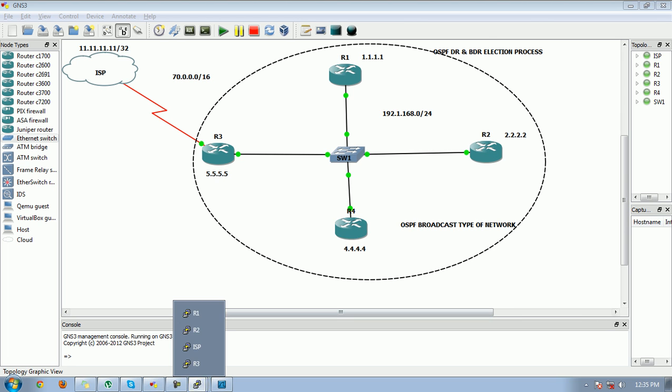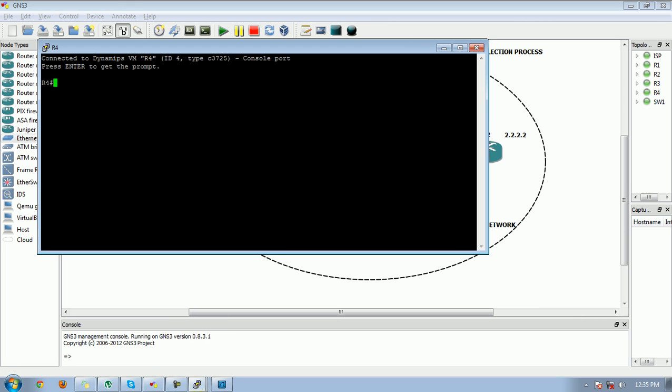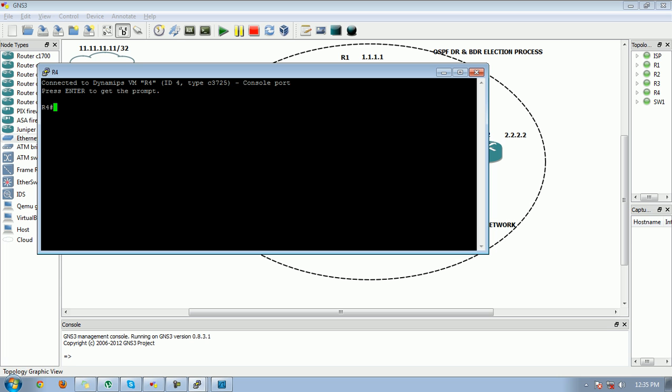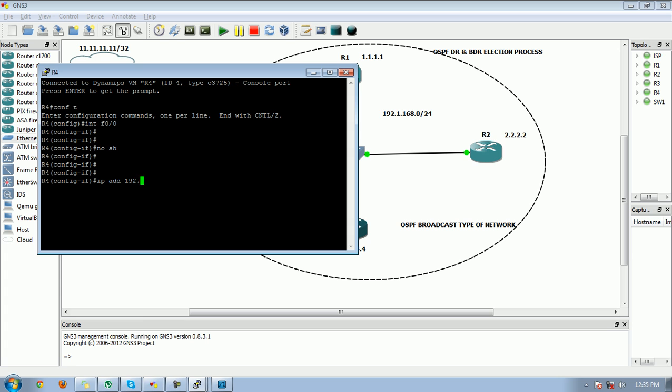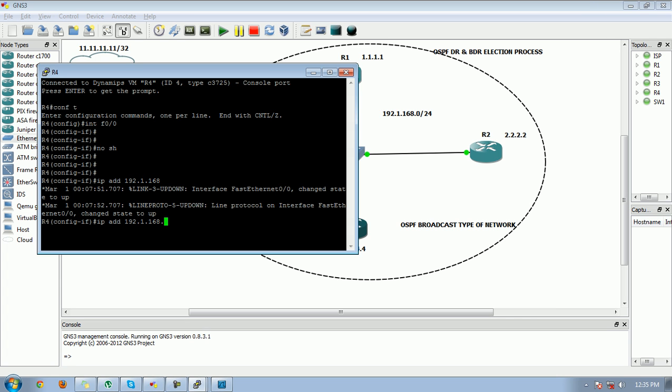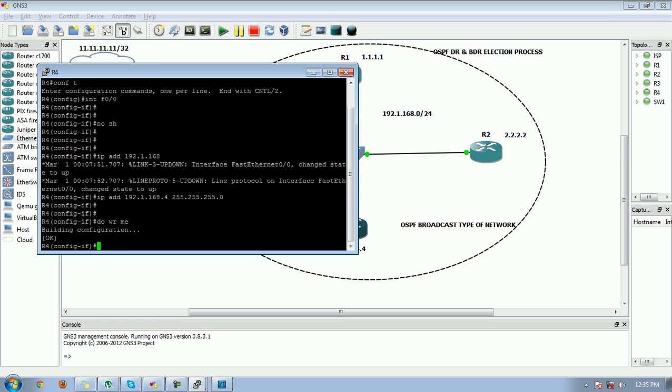Now on R4. FastEthernet 0/0, no shutdown, IP address 192.168.1.4. Clear?